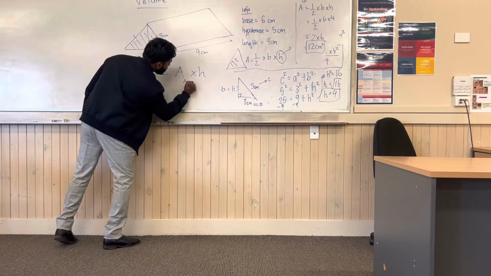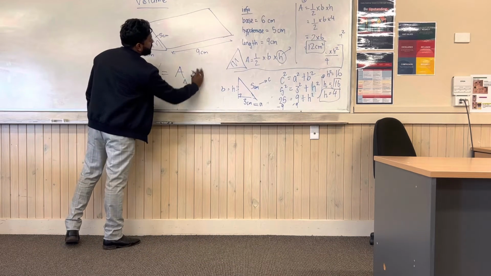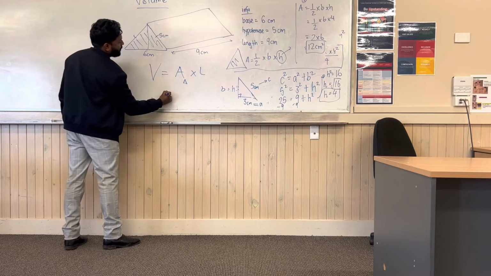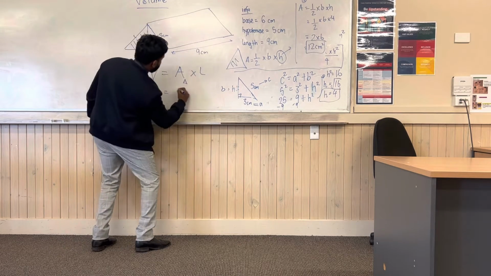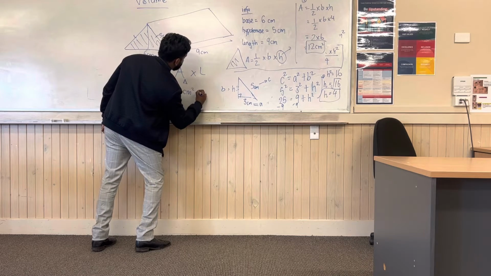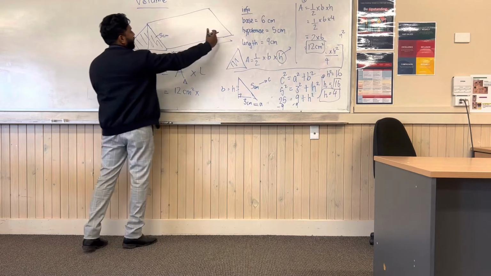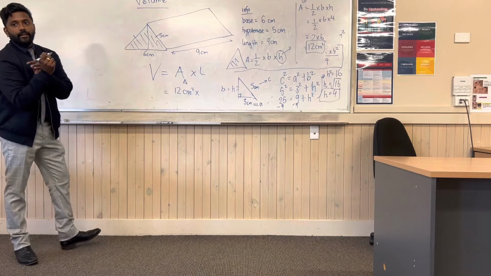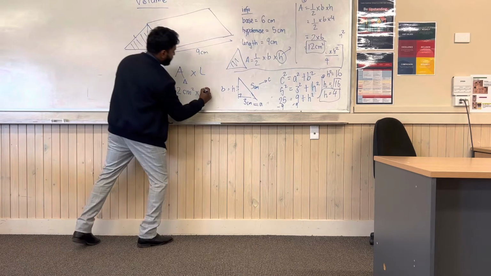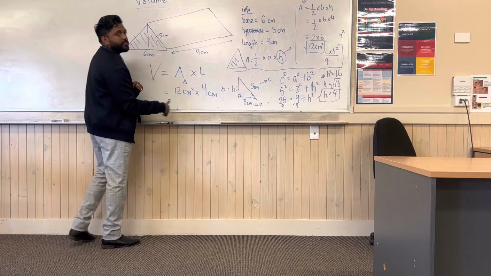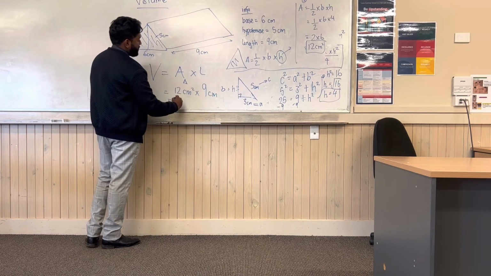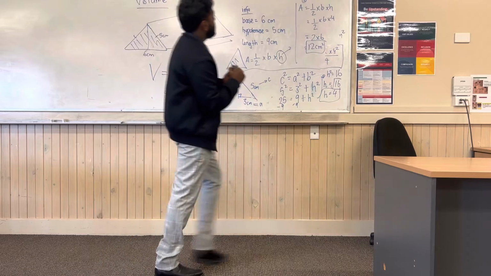So that's the area of the triangle, and then you're going to multiply by the length. What was the area of the triangle? It was 12 centimeters squared. What was the length of this object? 9 centimeters. Did you have to half the 6 as well?